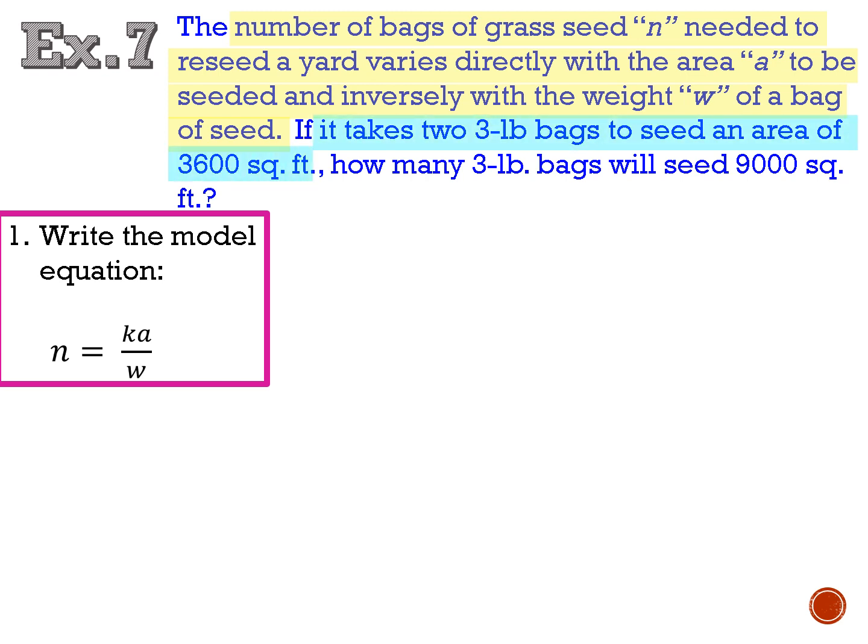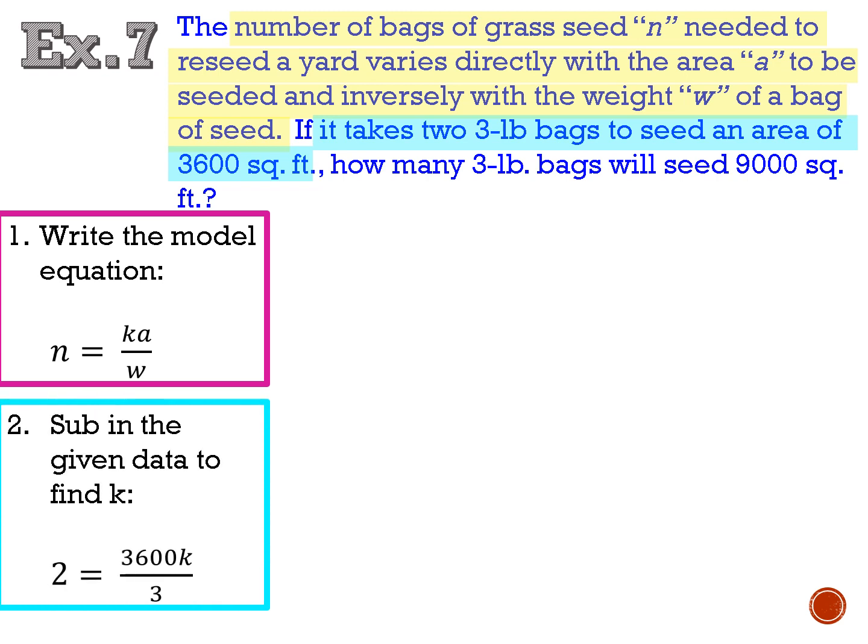So you sub in the given data. You want to take the part of the problem that has all 3 variables represented. 2, that's N. W is 3, that's weight. A is 3,600 because that's area. And now I've subbed in this data, and now I just have to solve for K.